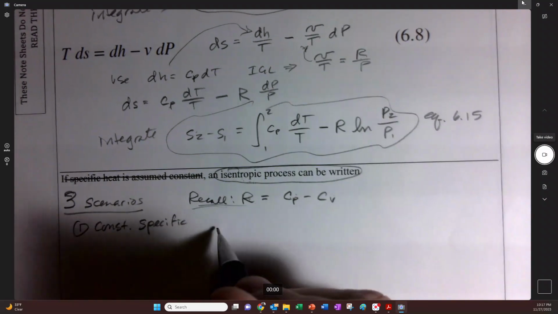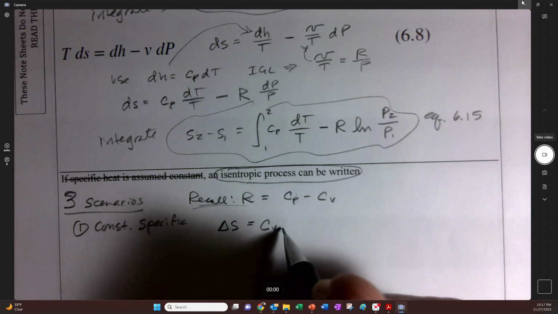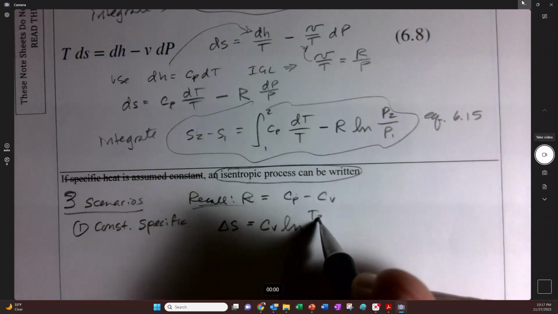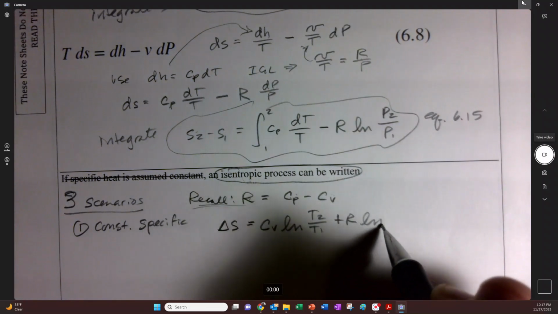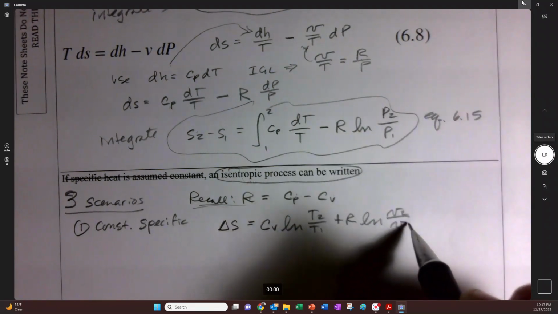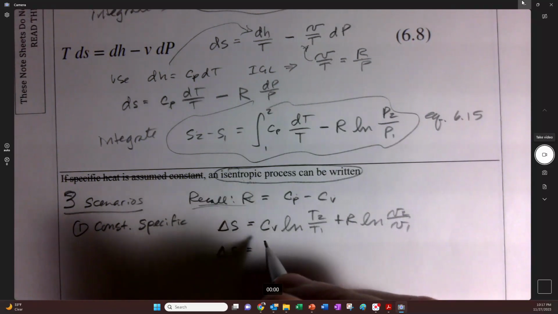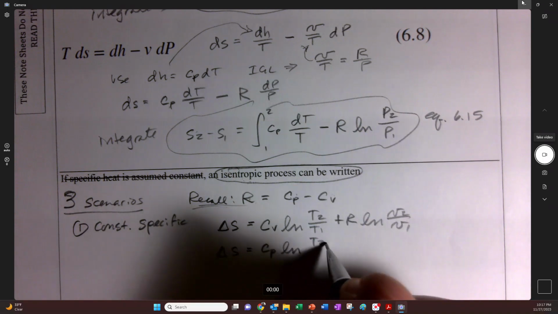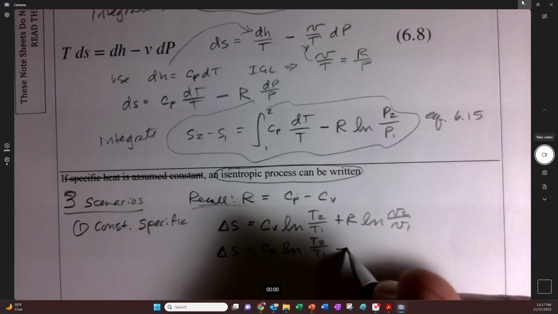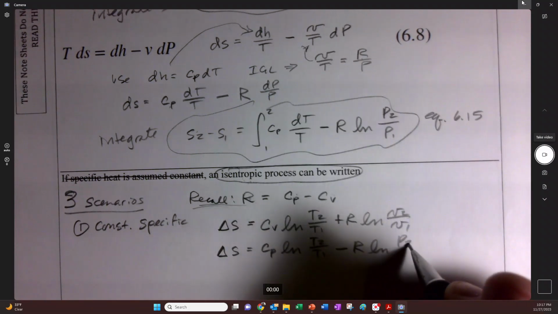So in this case right here, we get a delta S, I'm just going shorthand, is Cv ln of T2 over T1 plus R ln V2 over V1. And the other equation gets us Cp ln T2 over T1 minus R ln P2 over P1.